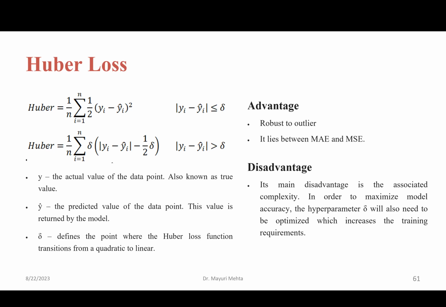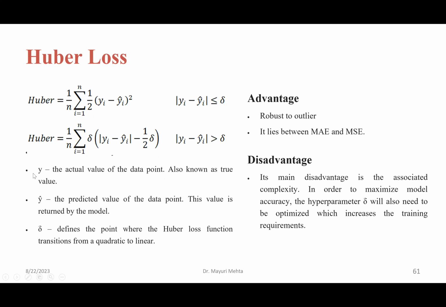As you train your model, you will optimize this hyperparameter, and we know that hyperparameter tuning is required to find its optimal value. If you get the optimal value, this loss function will work well. So this is about Huber loss. These are the commonly used loss functions for regression problems.